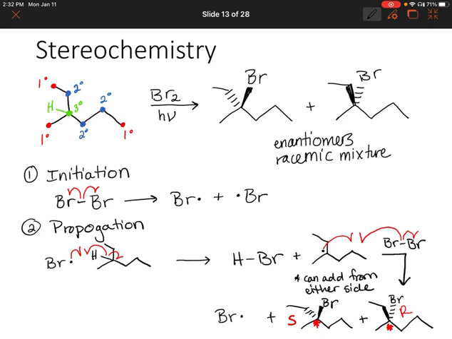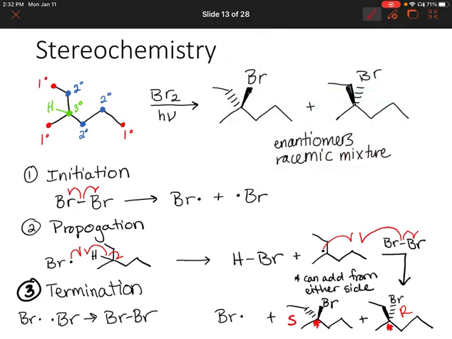Oh, and don't forget to also write your termination step for the mechanism. So we can just draw the coupling of our bromine radicals. And I'll just put some fishhook arrows in there. Okay. So again, with stereochemistry, there is the potential to form stereoisomers during radical reactions. So you could end up with a racemic mixture of enantiomers.